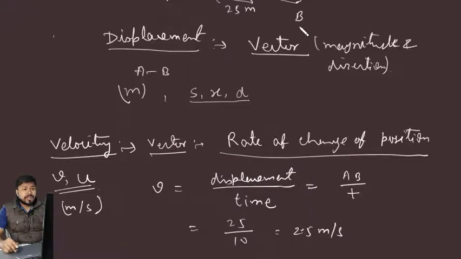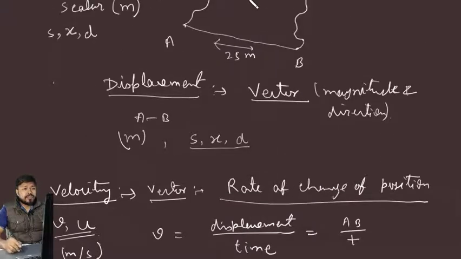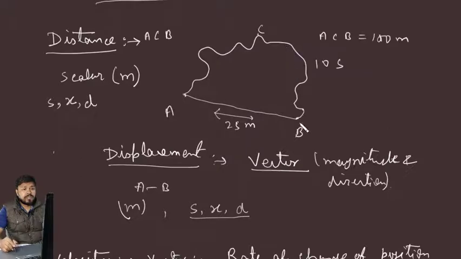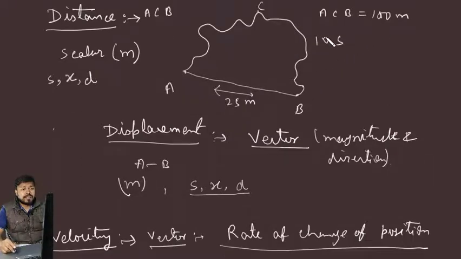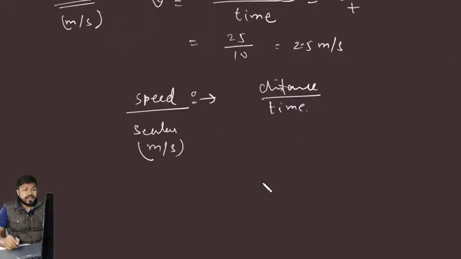So in our example, ACB was the distance, which is 100 meters, and the time taken was 10 seconds. So we can say here the speed equals 100 meters per 10 seconds, equals 10 meters per second.